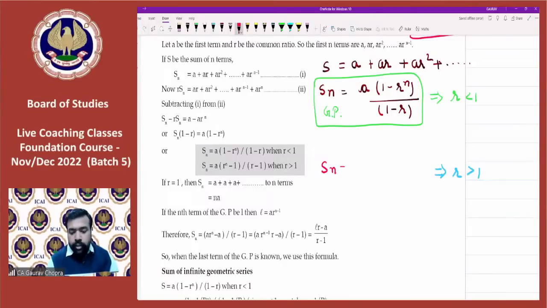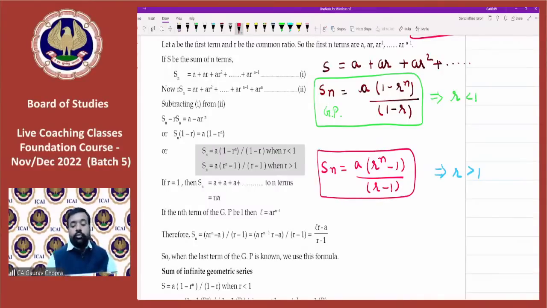So Sn will be equal to A multiplied by r to the power of n minus 1 upon r minus 1. So what is the change? हमने r की पावर n को पहले लिख दिया और 1 को बाद में लिखा.